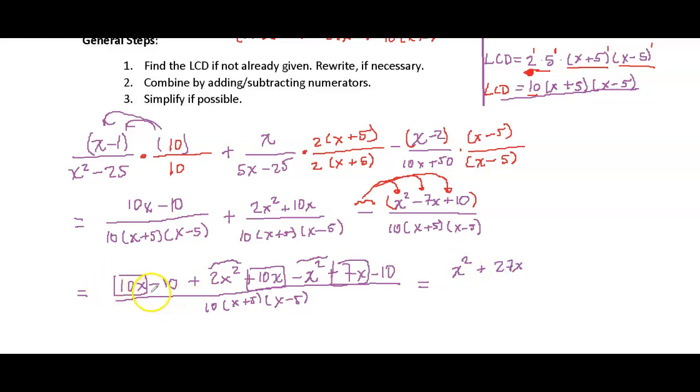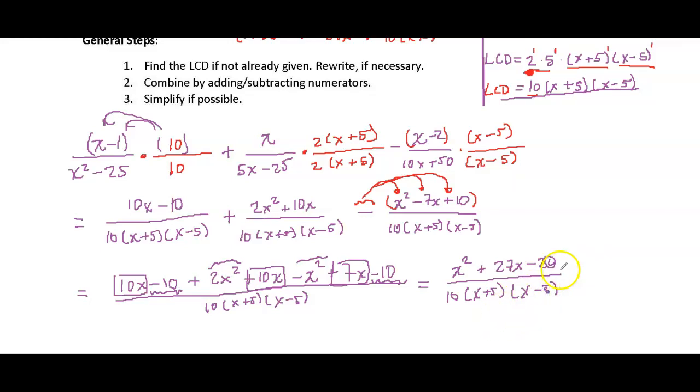And any constants? Yes, we do. We have that minus 10 and another minus 10. That becomes minus 20 over the LCD of 10 times x plus 5 times x minus 5.